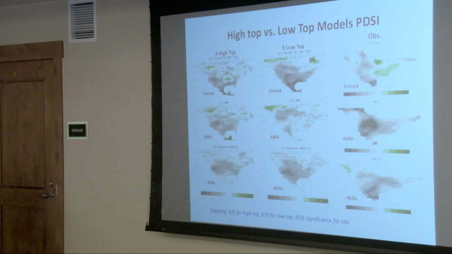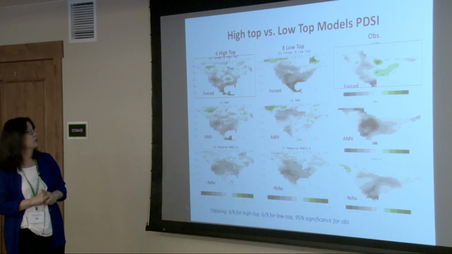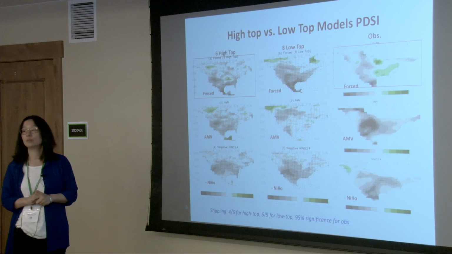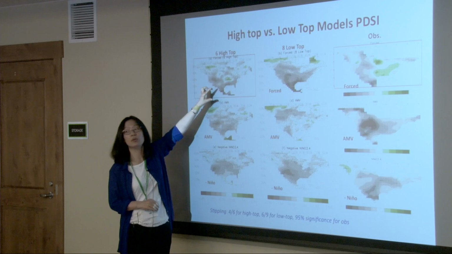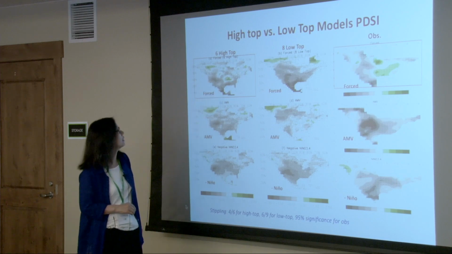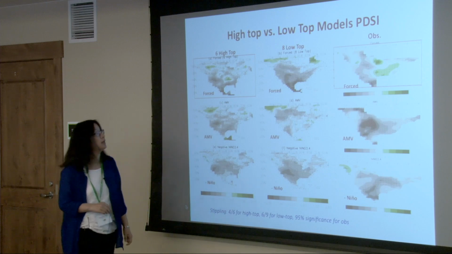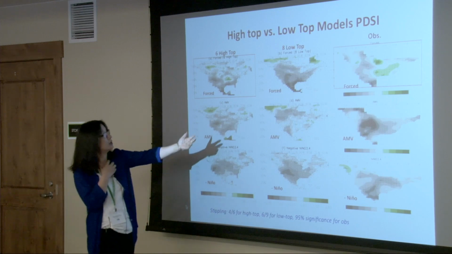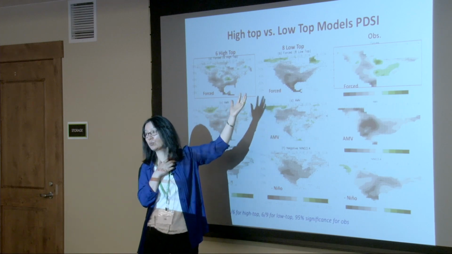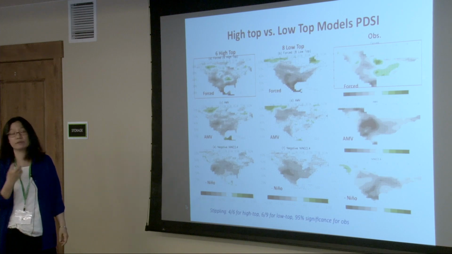Now if you look at the 6 high top in terms of the forced pattern and then the observation, you can see that it's a lot more consistent, in the sense that you have more of the western U.S., the western part of the continent, that's dry, associated with the radiative forced component, rather than in the low top models, which tend to have a widespread, entire North America being dry, associated with the radiative forcing.